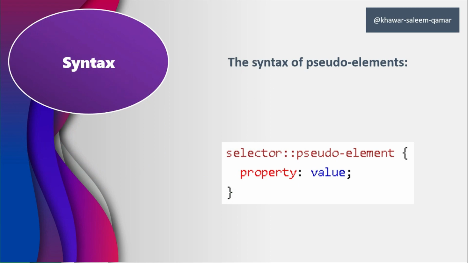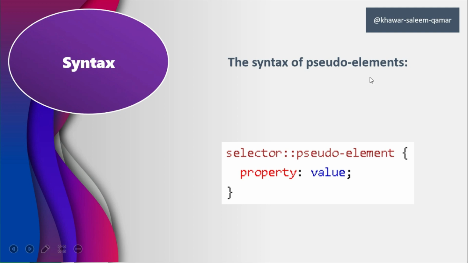First of all, the syntax of writing pseudo element styles. The pseudo element style is written the same way as we learned about pseudo classes, but the only difference is that in pseudo elements the double colon is used between the selector and the pseudo element. If you haven't watched our pseudo class video, then you can go to our previous video in this series, and in that you will get in-depth knowledge about how to use pseudo classes.